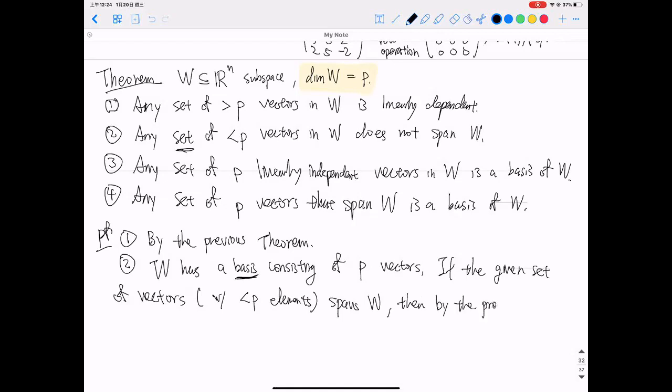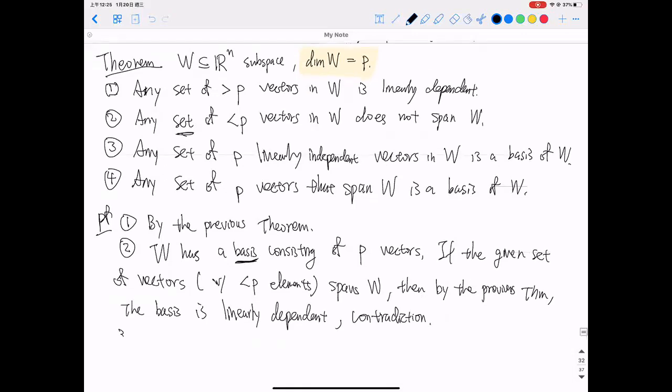Again, by the previous theorem, the basis is linearly dependent. Which is a contradiction, right? Because being a basis should be linearly independent.